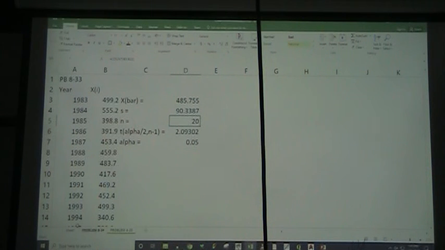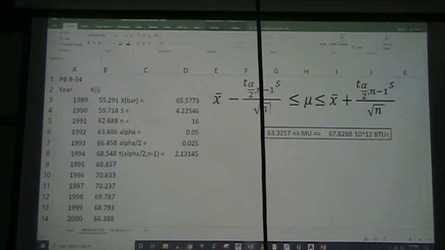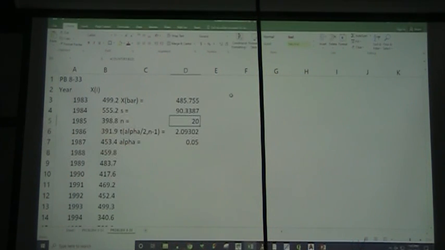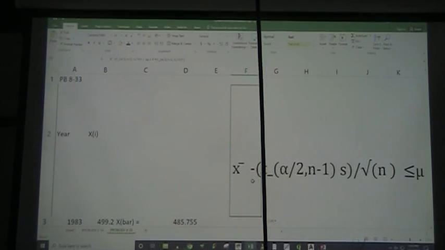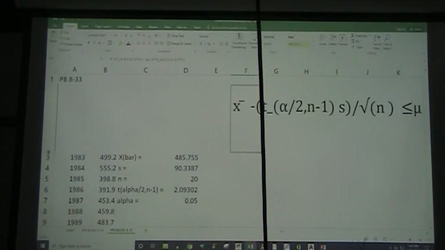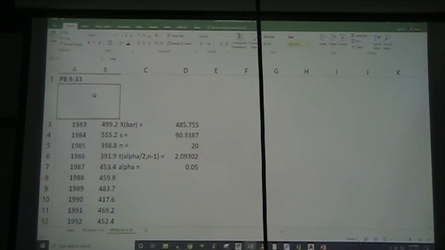Let me see if I can copy from. Okay, I can copy, but it's super giant size. Ah, bloody hell. Let's see if we can. All right, there you go. Uh-oh.